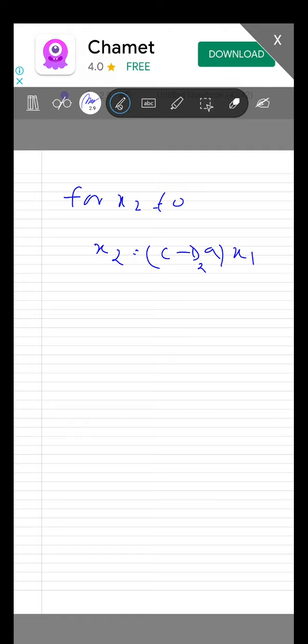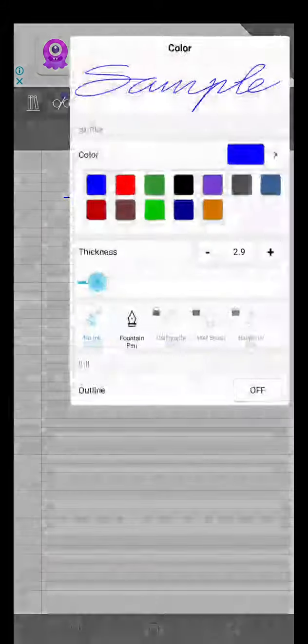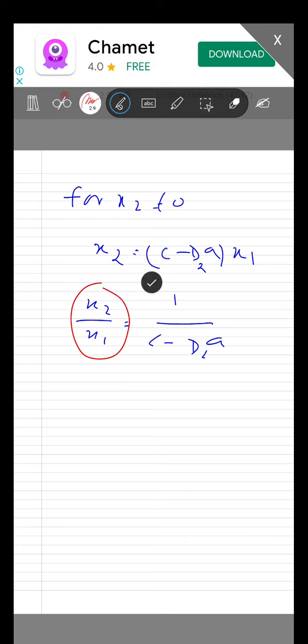So basically x2 by x1 is equal to c minus d2 a, and this happens to be the magnification m, the distance obtained after and before the refraction has taken place. So we can write it as 1 by m.